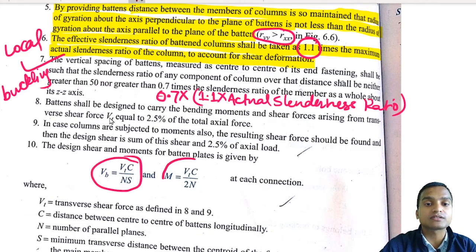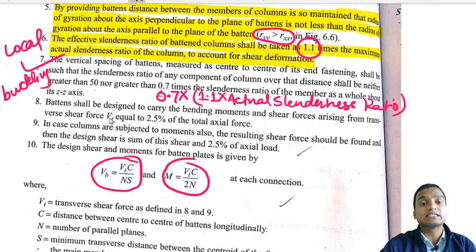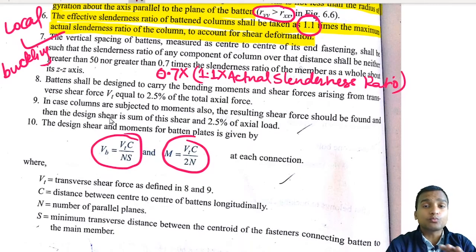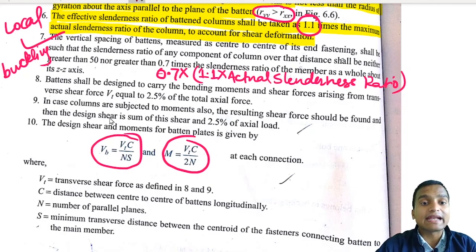Vb is equal to this and moment is equal to this at each connection, where Vt is transverse shear force as we have discussed, which is equal to 2.5% of axial compressive load, and C is the distance between center to center of battens longitudinally. And N is the number of parallel planes, and S is the minimum transverse distance between the centroid of fasteners connecting batten to the main member.